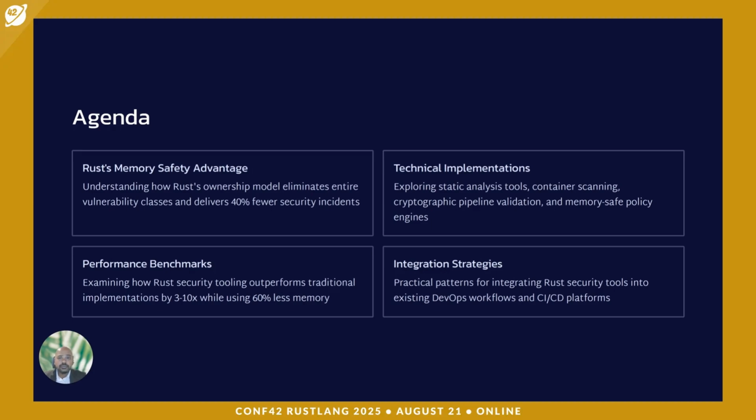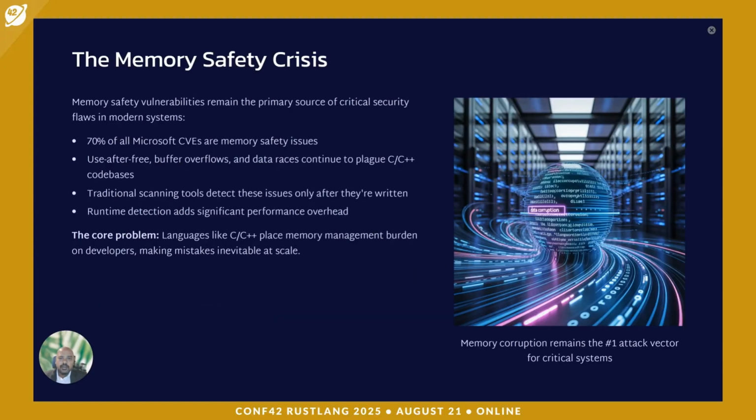Before we dive into Rust, let's first understand the problem we are solving, the memory safety crisis that's affecting almost every modern system. Memory safety flaws are still the top cause of critical security issues.